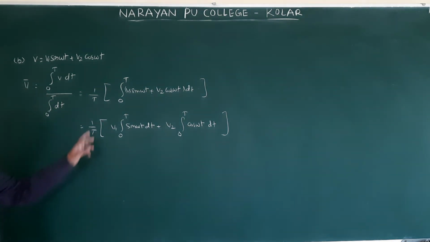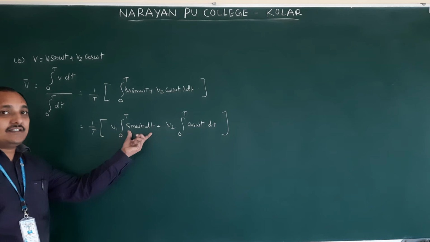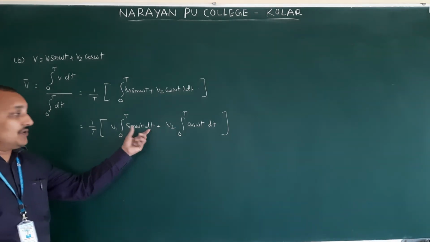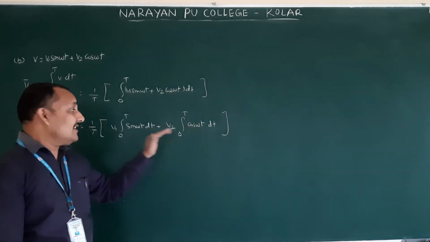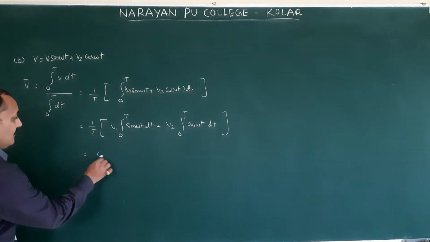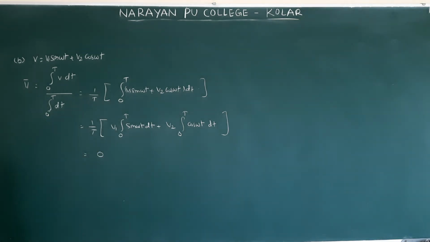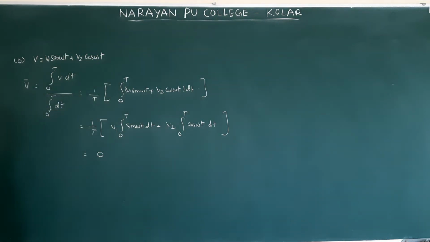So already I told you, 1 by t integral 0 to t of sin omega t, how much? 0. Next V2 by t integral 0 to t of cos omega t. Either sin omega t or cos omega t, the value is going to become 0. Therefore this is 0. Yes, this is the mean value for this given equation. If it is I, with I equal to I1 sin omega t plus I2 cos omega t, you will get 0 only.